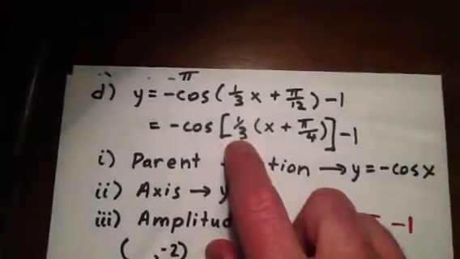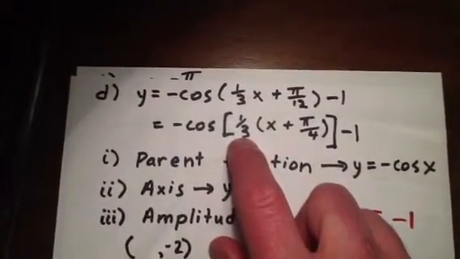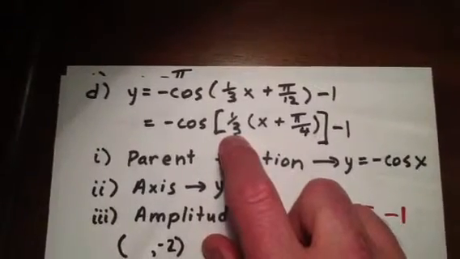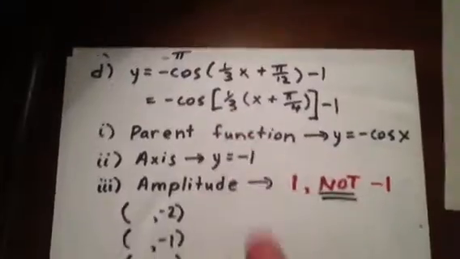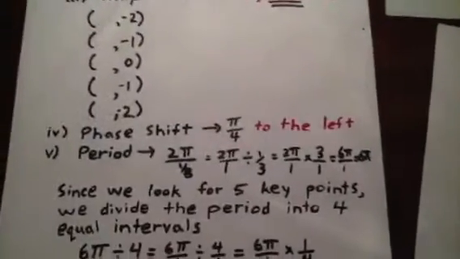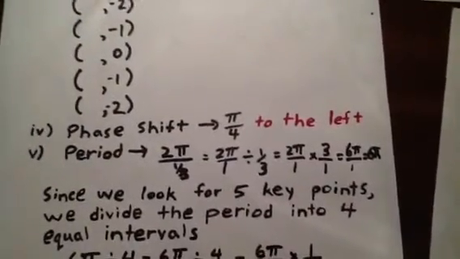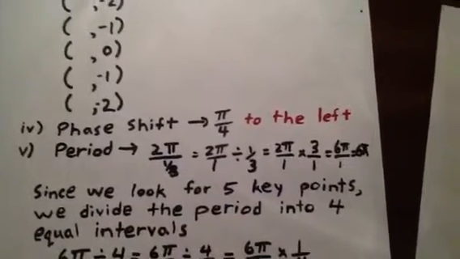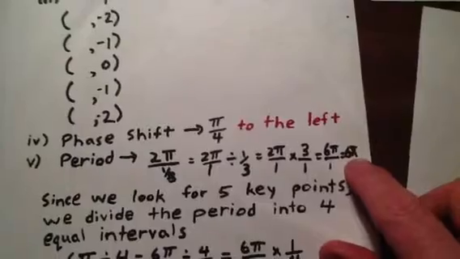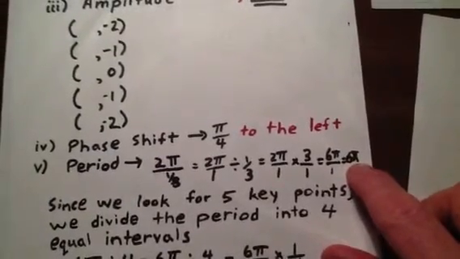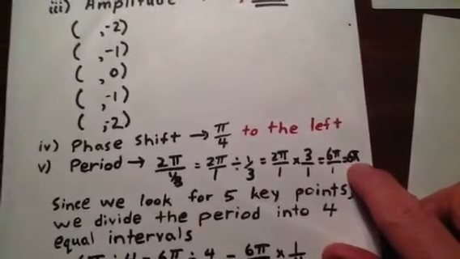It's because the k value is 1/3, and we always take 2 pi and divide it by whatever the absolute value of k is. In this case, k is 1/3. 2 pi divided by 1/3 ultimately becomes 6 pi. And that's down here in the end. So 6 pi is ultimately our period length.